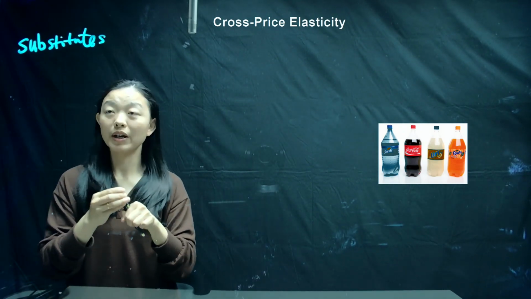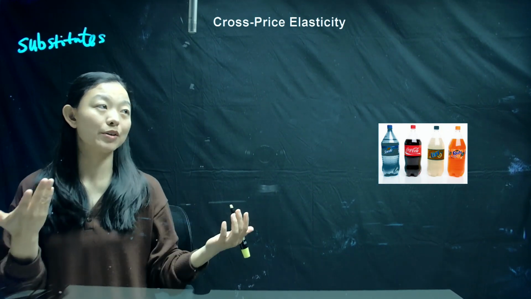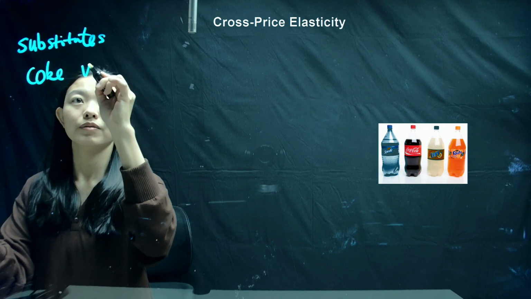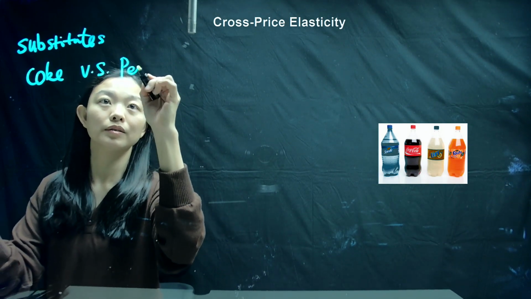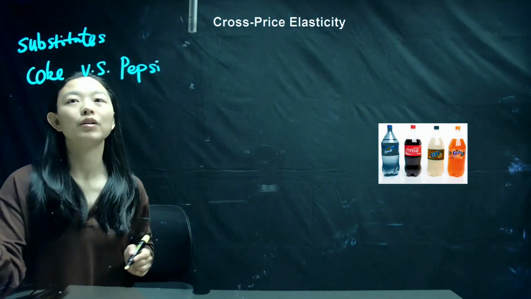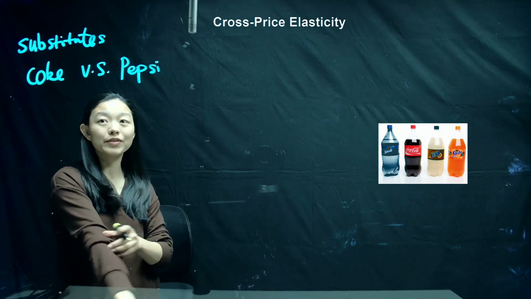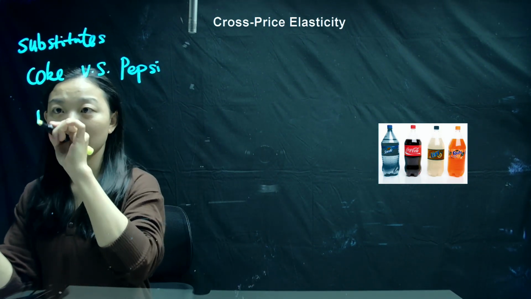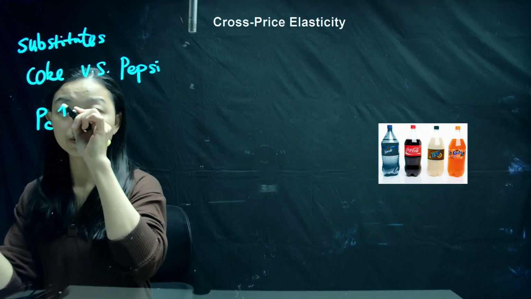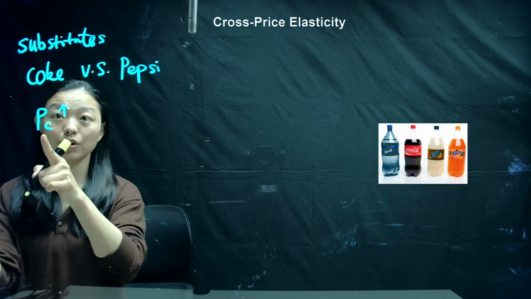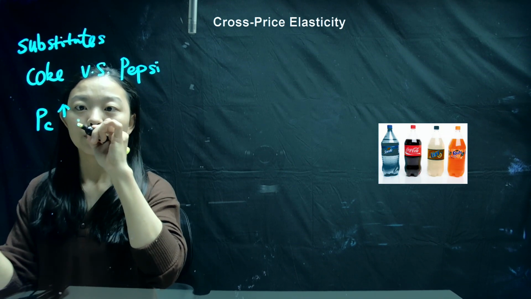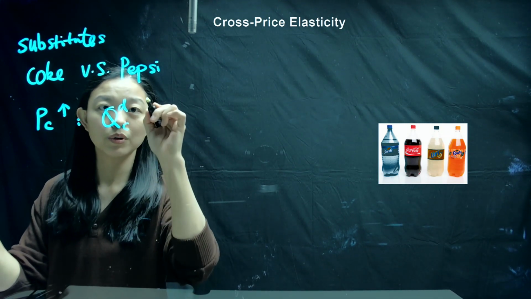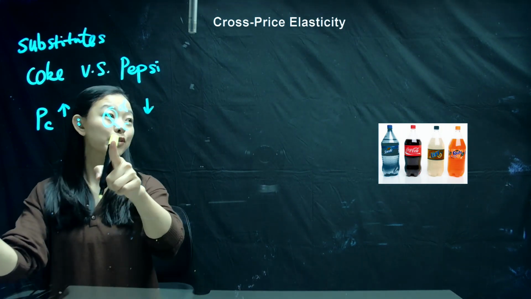For substitutes, you can think about a very popular example, Coke versus Pepsi. If the Coke price increases, first, the quantity demanded for Coke would decrease, right? Consumers will buy less Coke.